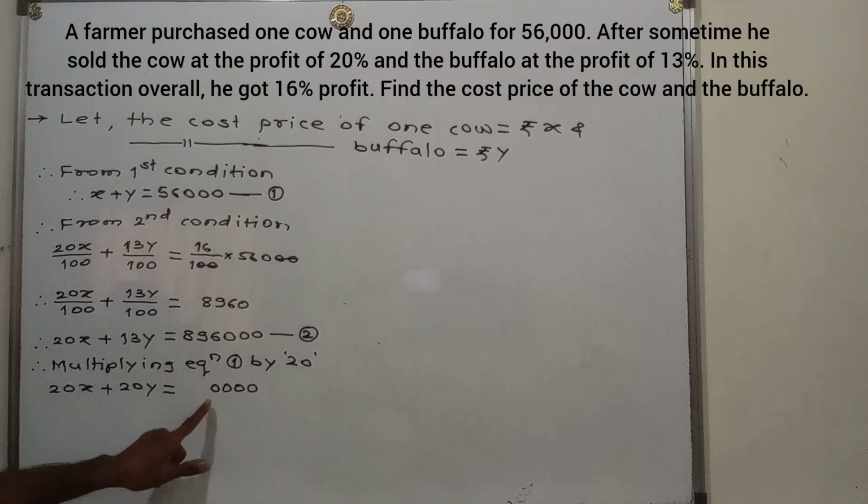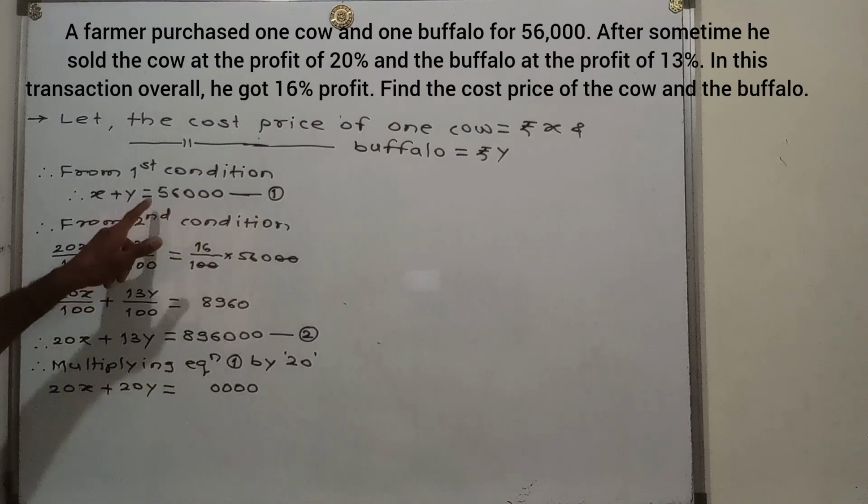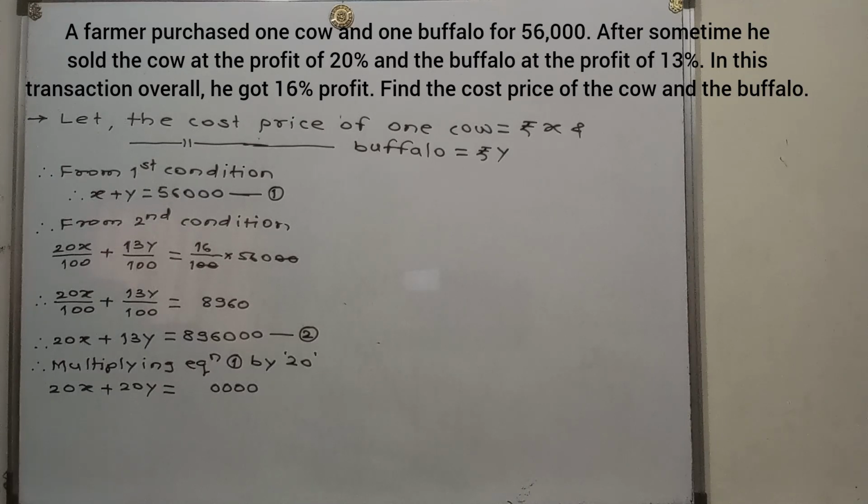1 plus 3, how many zeros? 56 into 2. Did you get it? 1 zero and 3 zeros, 4 zeros. Then 2 into 56 is 112, which means here 11,20,000.